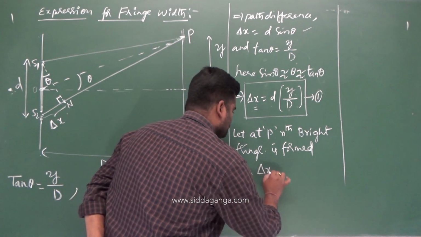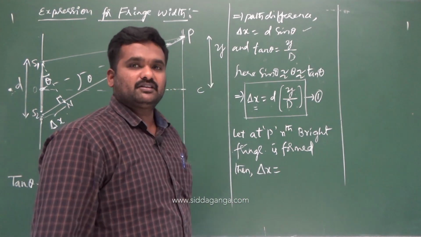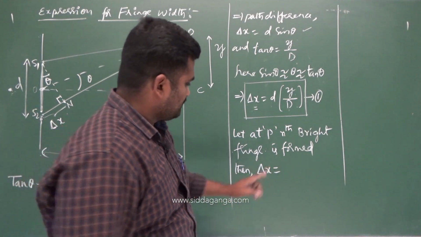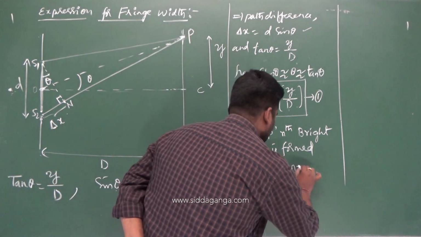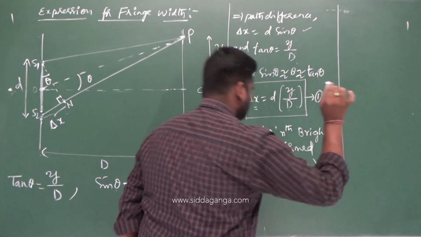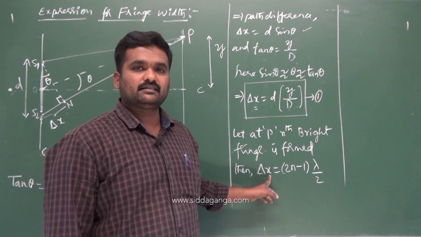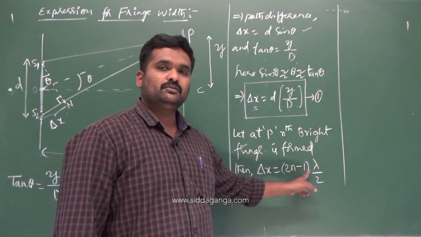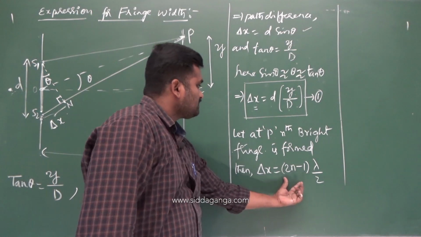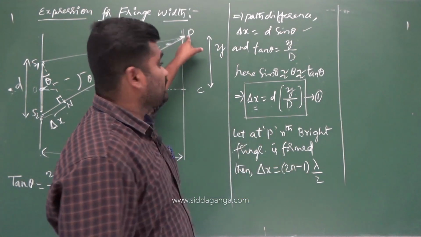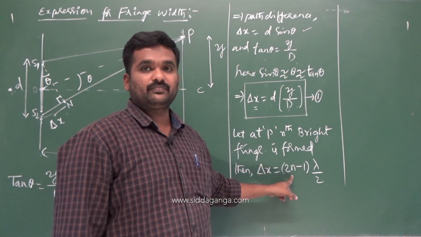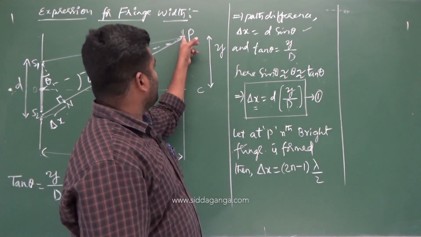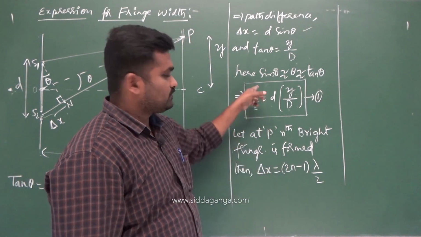Then delta x equals, what is the path difference formula we have written for constructive interference? 2n minus 1 into lambda by 2. See, path difference delta x equals 2n minus 1 into lambda by 2. This should be the path difference between the two waves superposing here to form the nth bright fringe. Then we need to relate these two.